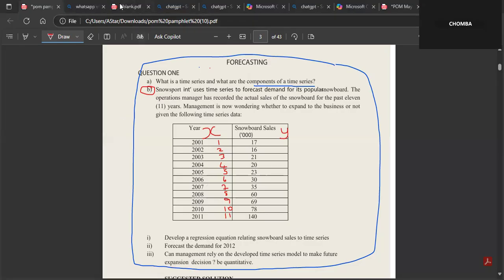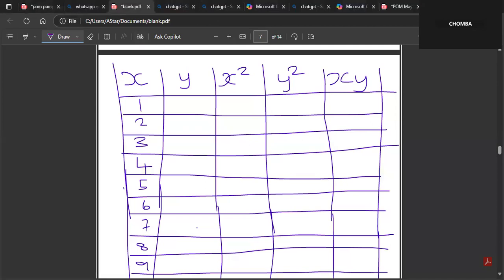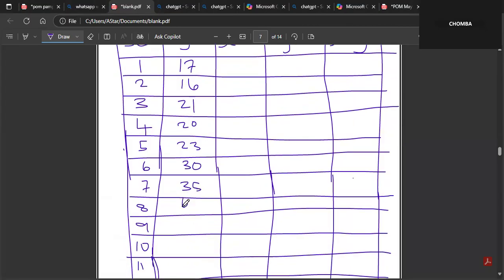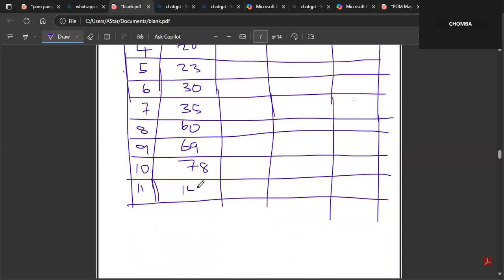I want you to do this manually so that as you practice it will be very much okay with you. 16, 21, 20, 23, 30, 35, 60, 69, 78, 140.